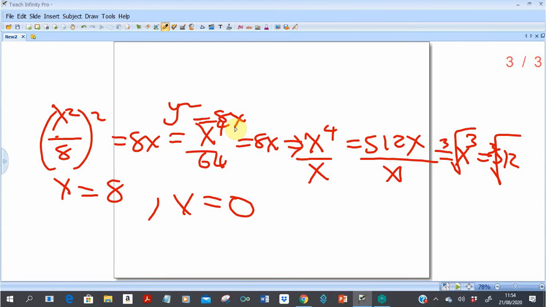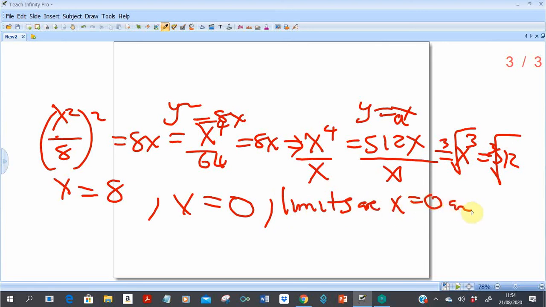For any equations where you have y is equal to x or ax, just know that 0 is also part of the solutions. Therefore, our limits are x is equal to 0 and x is equal to 8.